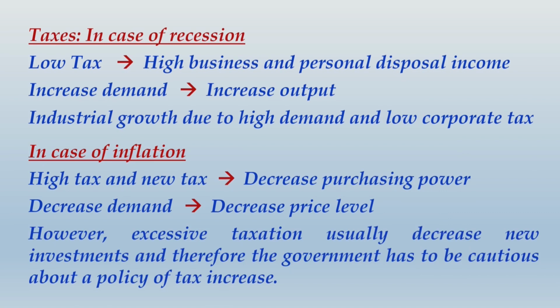However, excessive taxation usually decreases new investments, and therefore the government has to be cautious about a policy of tax increase. So government has to play very smart about when and by how much the tax rates should change, and that is why this is one of the very important fiscal policy tools. So please write up this whole thing and then I take you ahead.